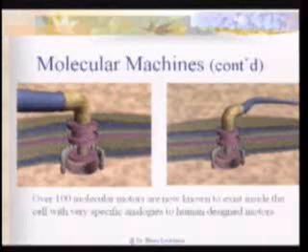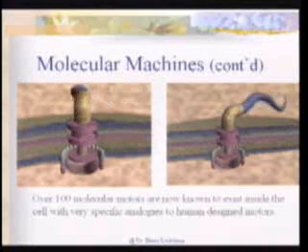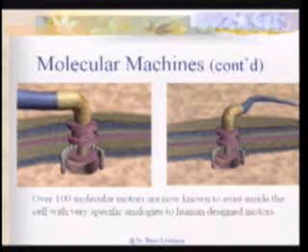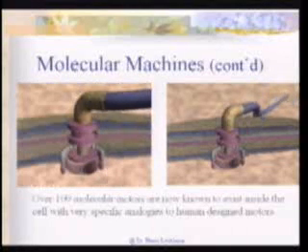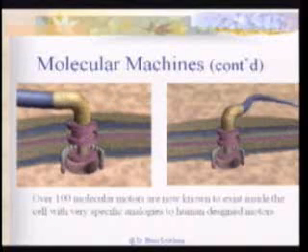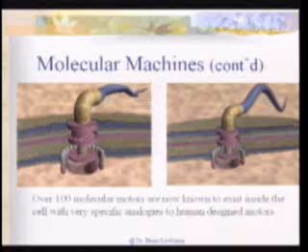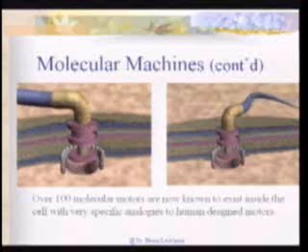Okay, there are over 100 molecular motors that are known to exist within the cell. And scientists can look at these under a microscope, and they can see those parts.